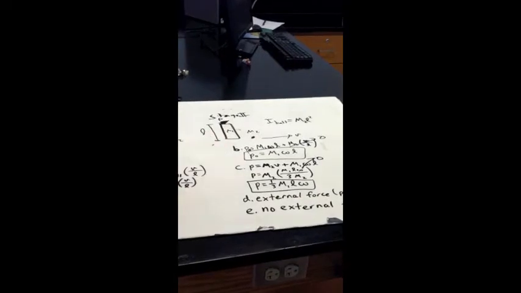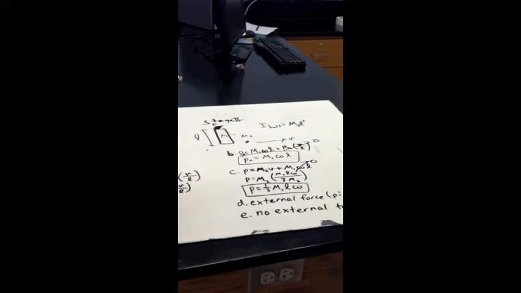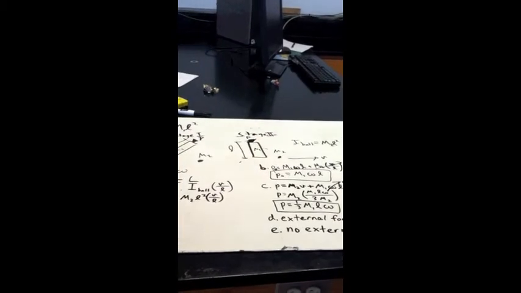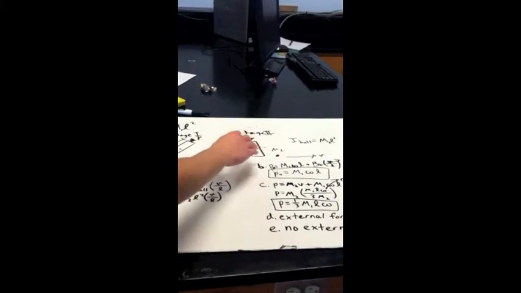The next question says to determine the linear momentum of the system just after the collision. So that's going to be right after it hits. We have the momentum of the ball and the momentum of the rod. The rod is not moving, so that goes to 0 this time, and we just have the mass of the ball times the velocity of the ball.